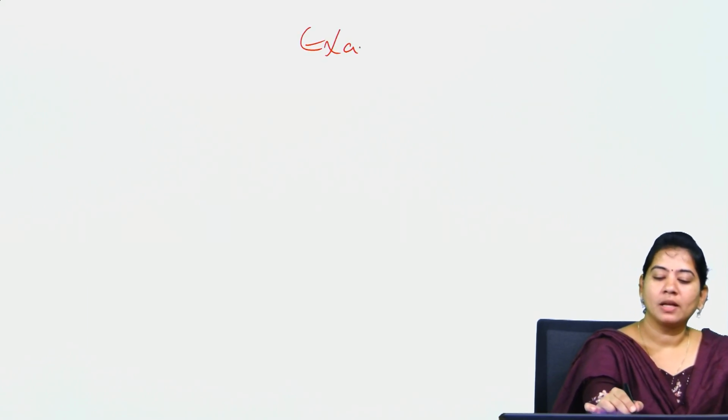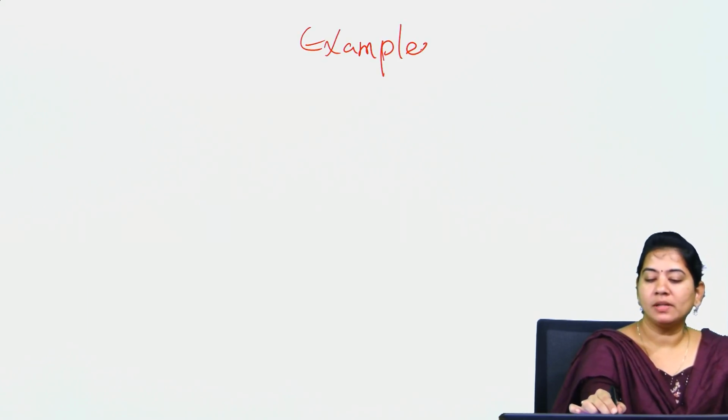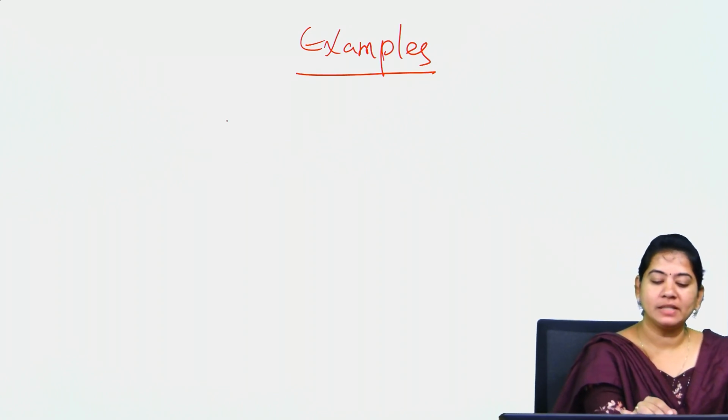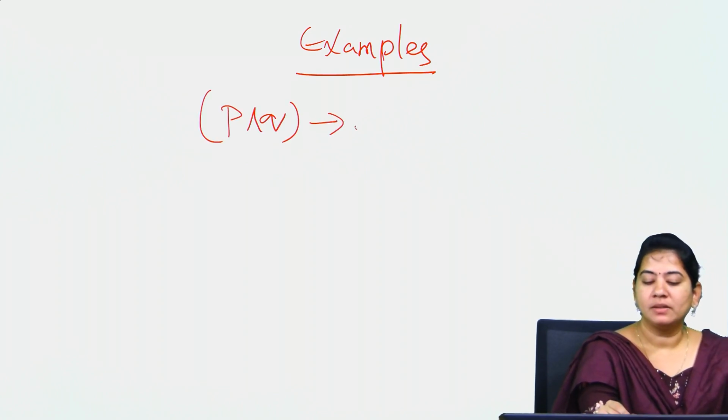Next here, let us see some examples by using all these five connectives. So here let us suppose I am going to consider implies and negation.